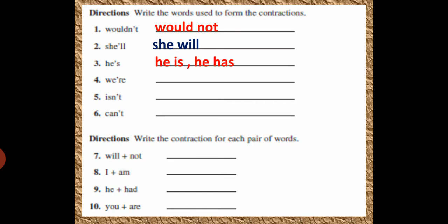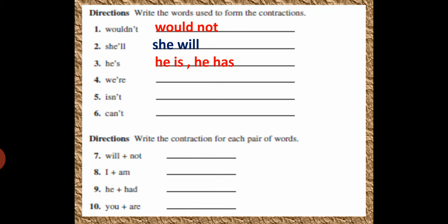There is a very important question I need to ask you. Apostrophe S here can be used as a short form for is or has. How can we know? According to the verb which comes after apostrophe S. If a verb plus ing follows apostrophe S, then apostrophe S is a contraction for is.